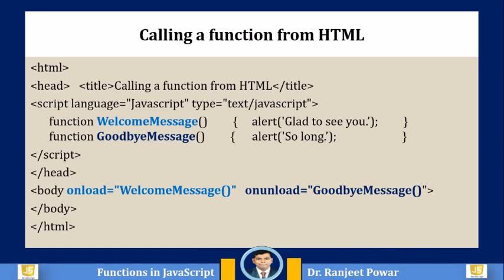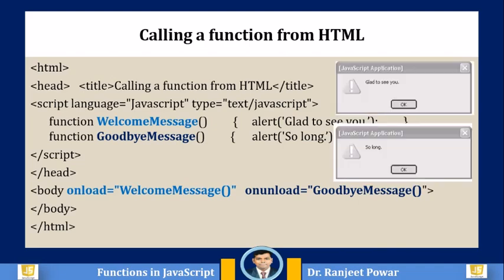The call to the goodbyeMessage function is assigned to the onunload attribute of the body tag. This displays the goodbye message when the browser unloads the web page to make room for a new web page. So this is how we can call JavaScript functions through HTML code.